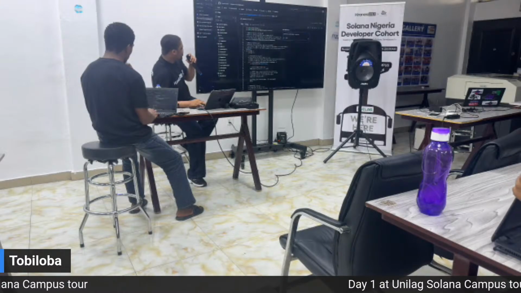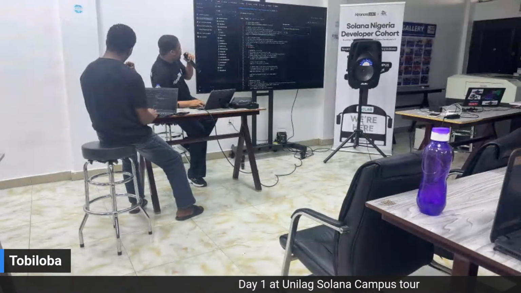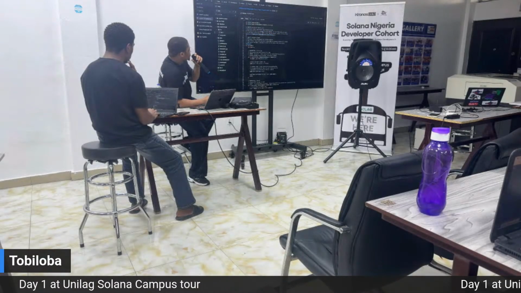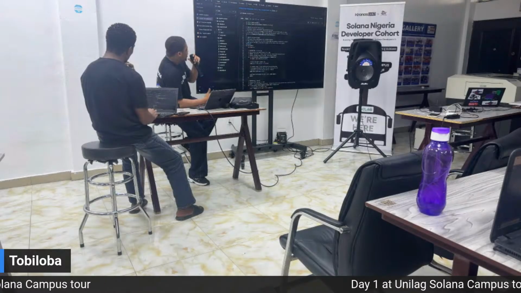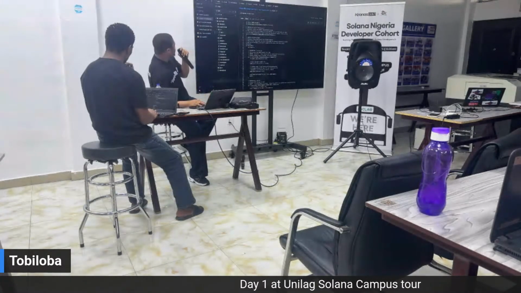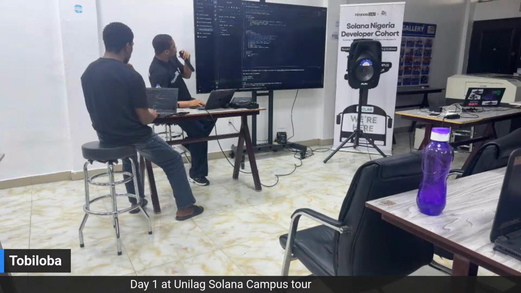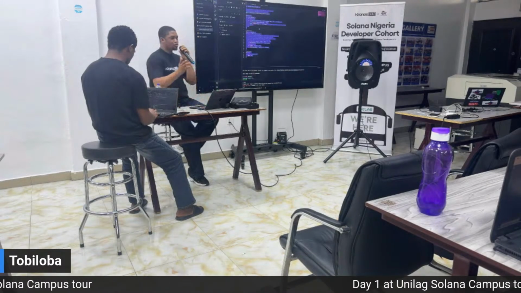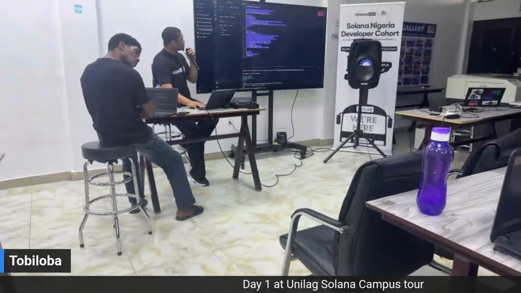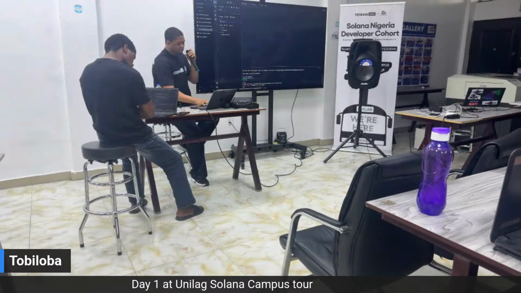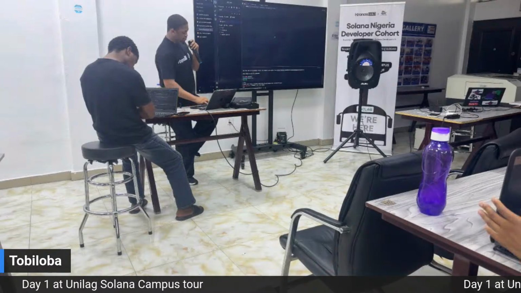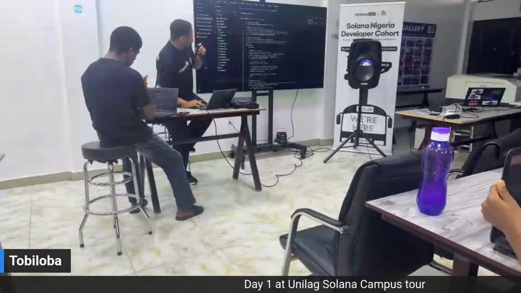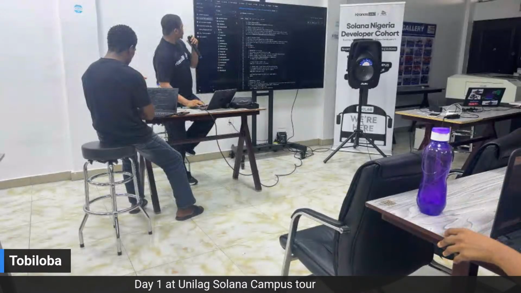Give me a second. Let me verify something, because you have to declare an ID here. Yeah, I think just copy and paste it there for now. We're going to fix that. So just highlight the entire thing, press Ctrl A or Command A, delete first, and then you can just paste this lib.rs code.